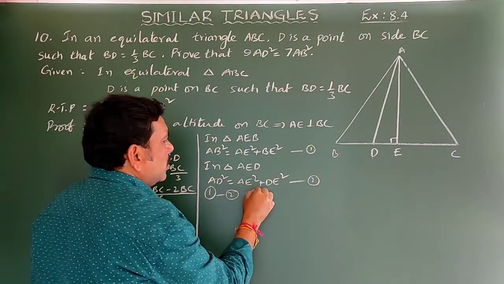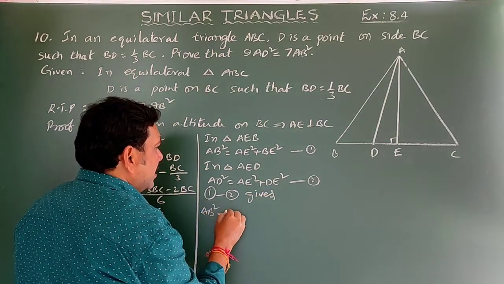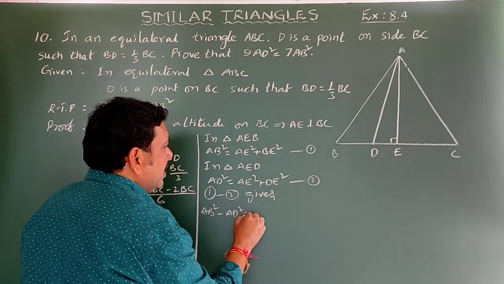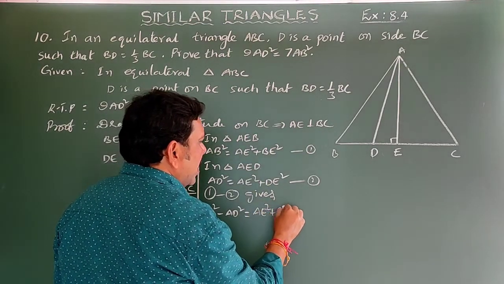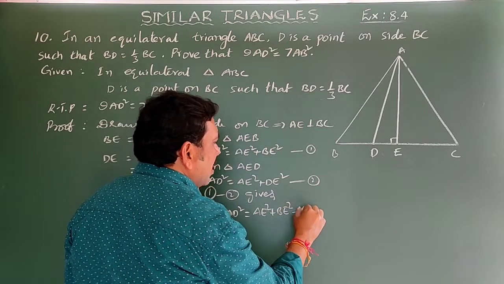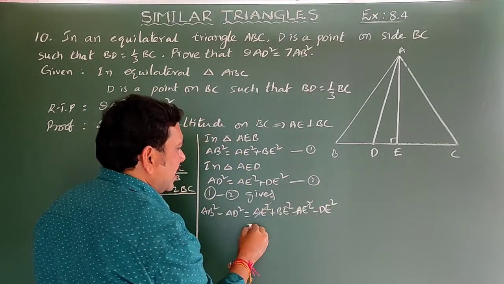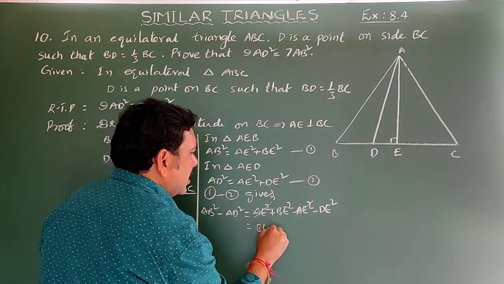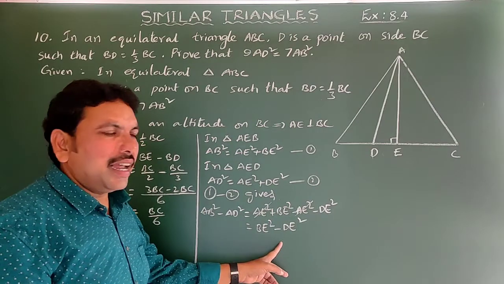AB square minus AD square is equal to AE square plus BE square minus AE square minus DE square. So AE square gets cancelled. That is BE square minus DE square.